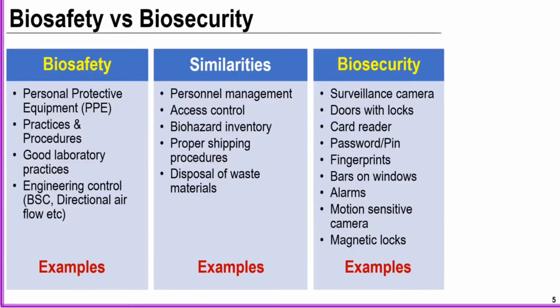Some other examples of laboratory biosecurity mitigation control measures are implementation of card reader system, provision of password or PIN to open the doors, and fingerprints to verify the identity of the person.